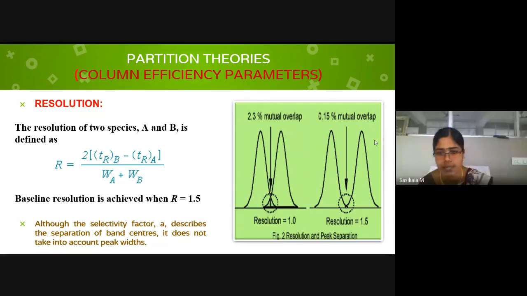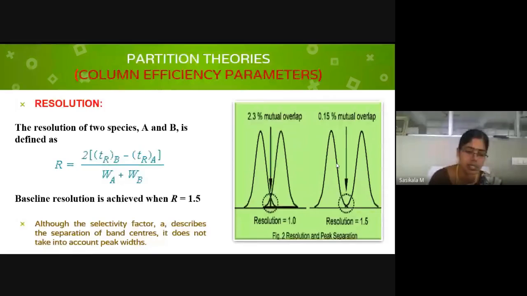So baseline separation is a must for getting ideal peak separation. Ideal peak separation of two molecules is explained by two factors under the partition theories. You must understand this, then it is easy when you get into the different column chromatographic techniques.